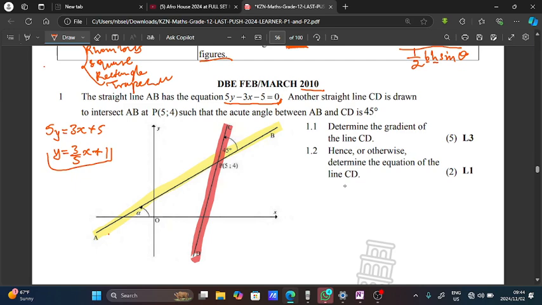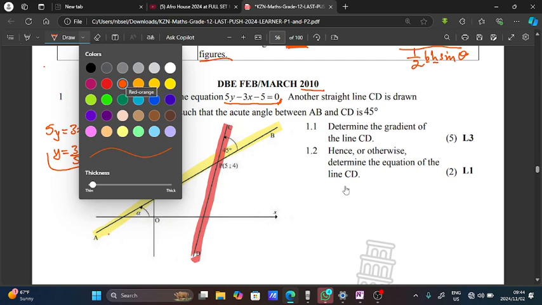Here I want to show the angle of 45 degrees. Having that information, they are saying determine the gradient of line CD, for 5 marks.